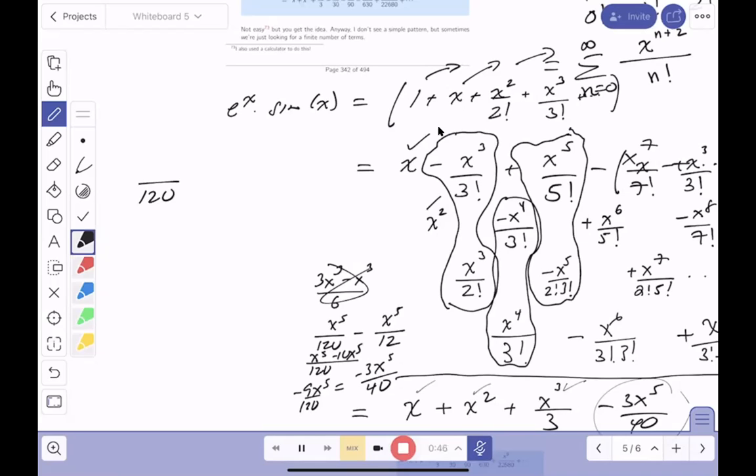Let's see, 5 factorial is 5 times 4 is 20, 60, 120 x5 minus x5. And that's 2 times 6 is 12. So that's going to be 1 minus 10, minus 9 over 120 x5.